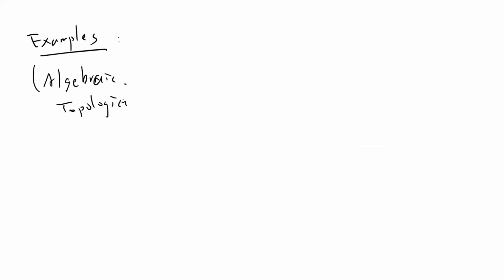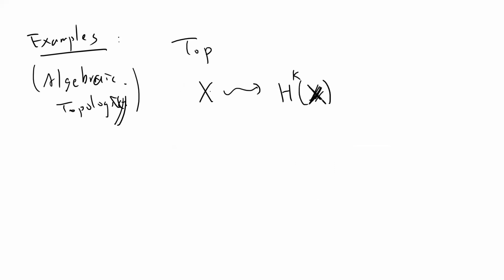Okay, so let's talk about examples which are more useful. This is copied from standard algebraic topology, right? Algebraic topology tells you that if you are given a topological space, then you can associate to it, for each integer greater than or equal to zero, a homology group.